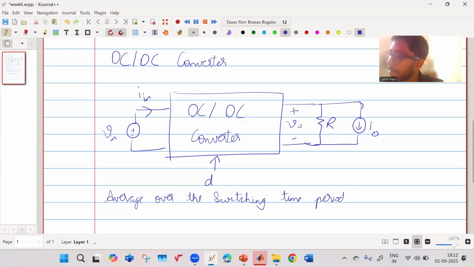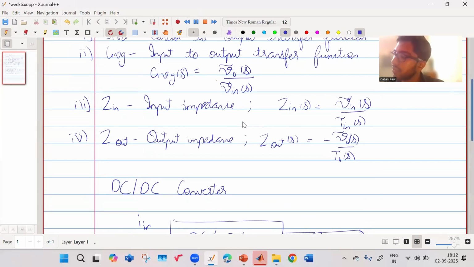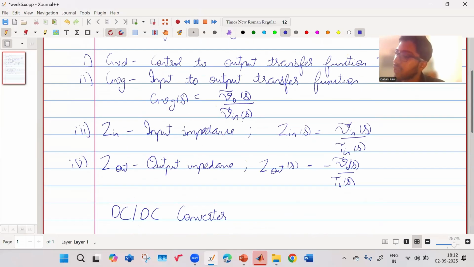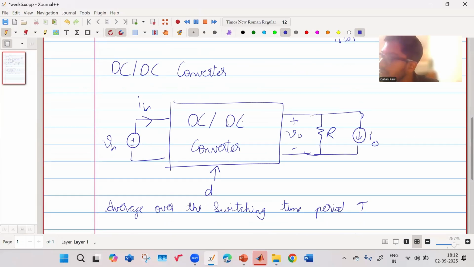Now, why do we find out all these transfer functions, that is, your GVD control to output transfer function, GVG, Zin and Zout? Your GVD is V output tilde of s by d tilde of s.